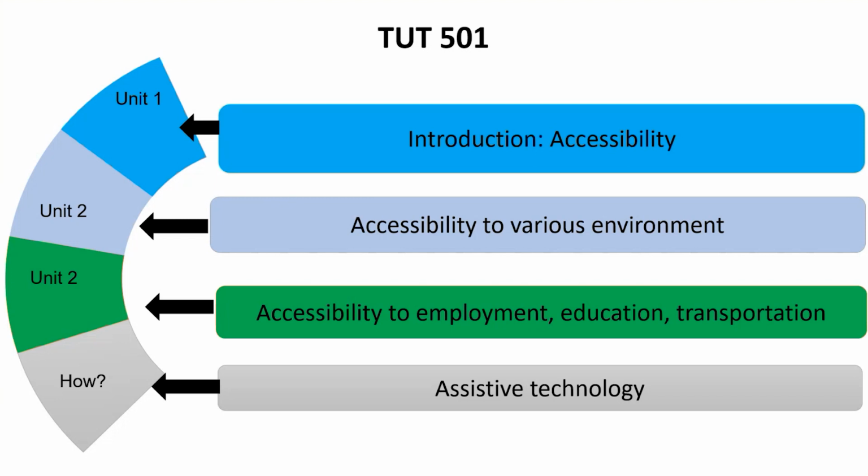We'll also be looking at one of the strategies to provide accessibility in various settings for people with disabilities. One of these aspects is the issue of assistive technology, so we'll be discussing it in one of the units.